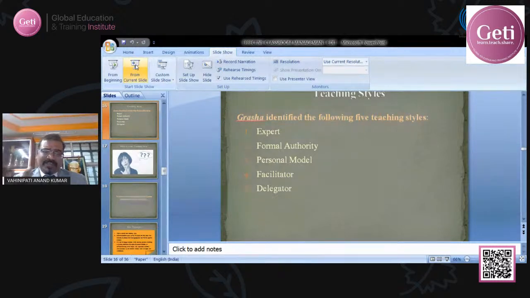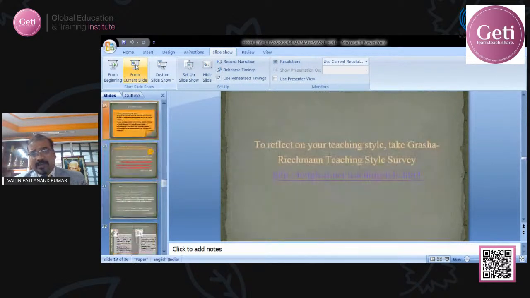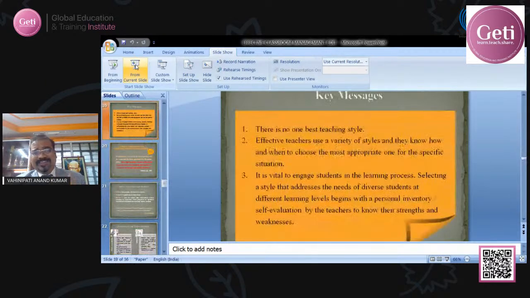Facilitators, personal models, and delegators are student centric teaching styles. Expert and formal authority are the teacher centric teaching styles. So not one teaching style is correct. We have to use these teaching styles according to the topic, according to the situation, whichever suits best.